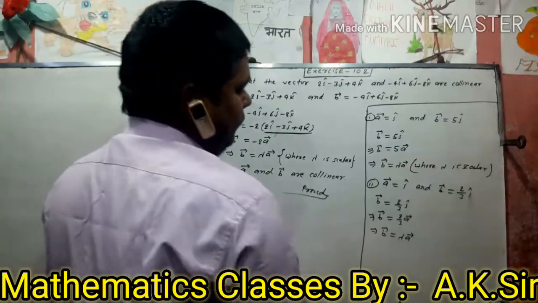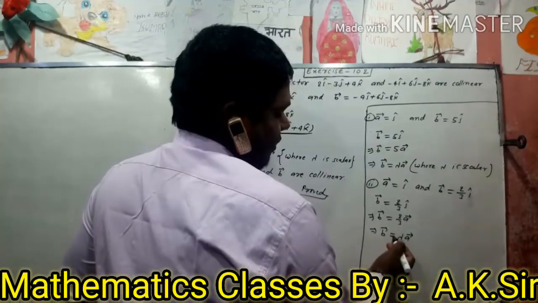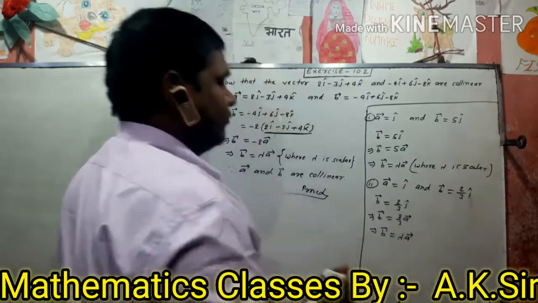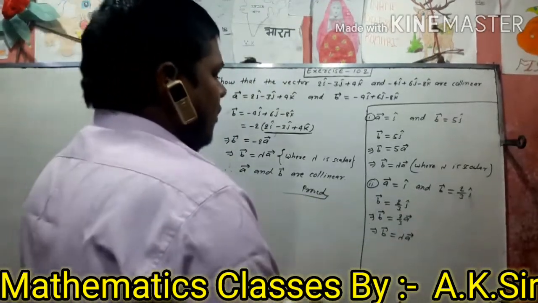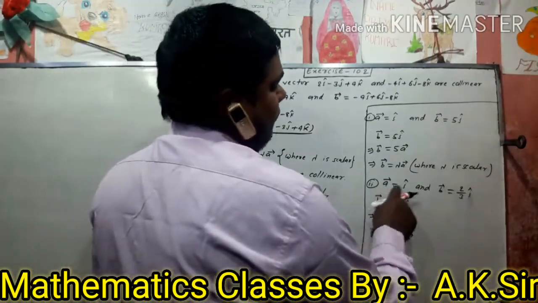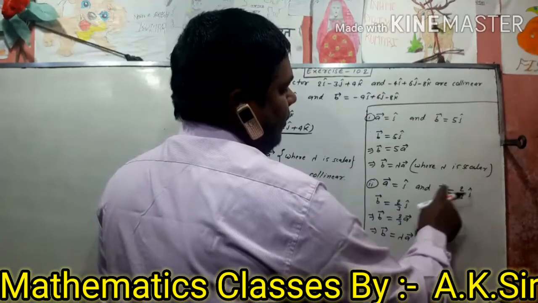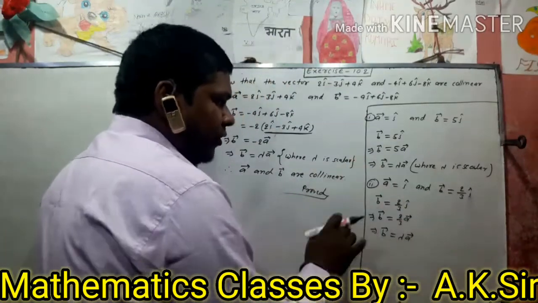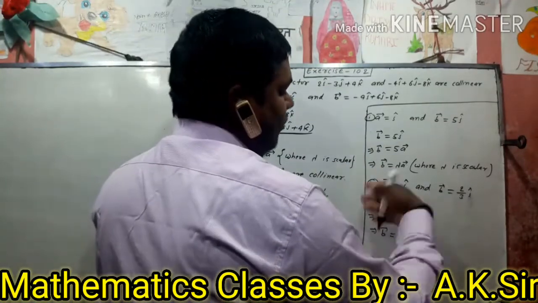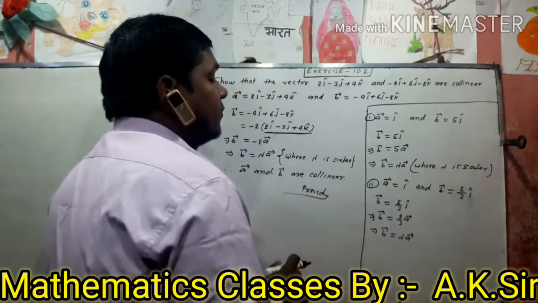Here also B vector is equal to lambda A vector. In this example, A vector and B vector are parallel to each other because they are present on the x-axis.